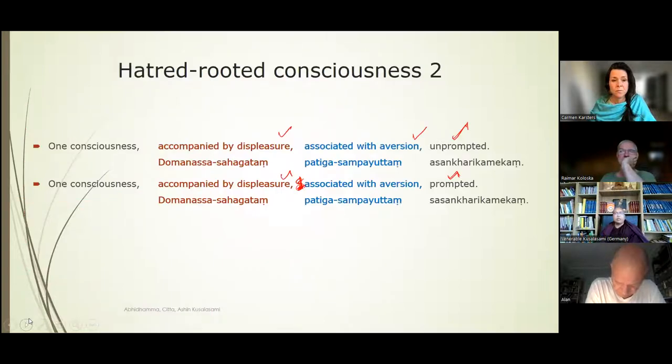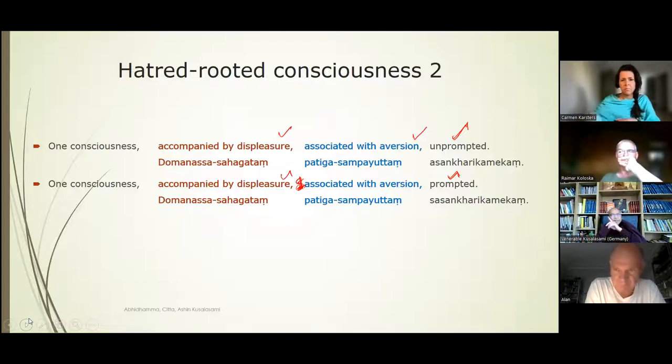For hatred-rooted consciousness, it's nothing to do with right view or wrong view. Hatred or anger is just anger.